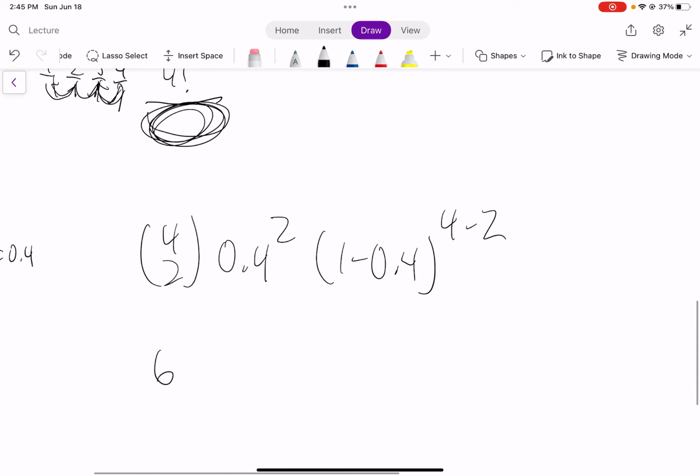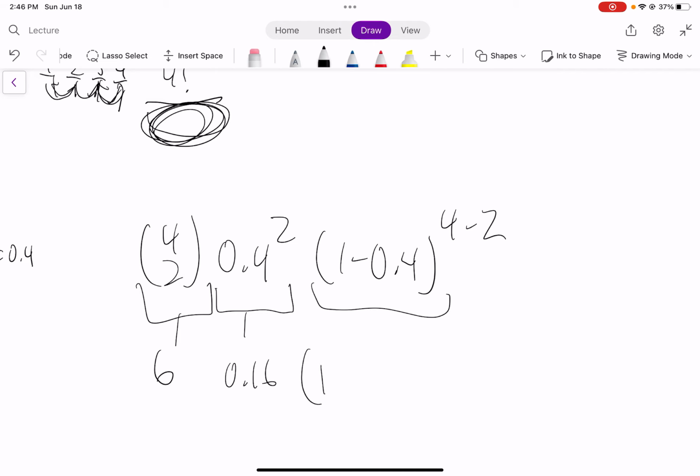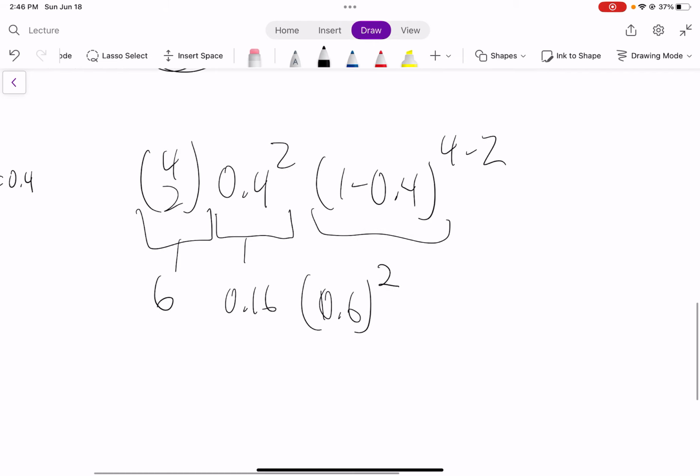All right, this is 6, like we did before. 0.4 to the power 2. I'm going to use a calculator. Sorry. This is 0.16. This here is 0.6, to the power 2. 0.6 times 0.6 should be 0.36.